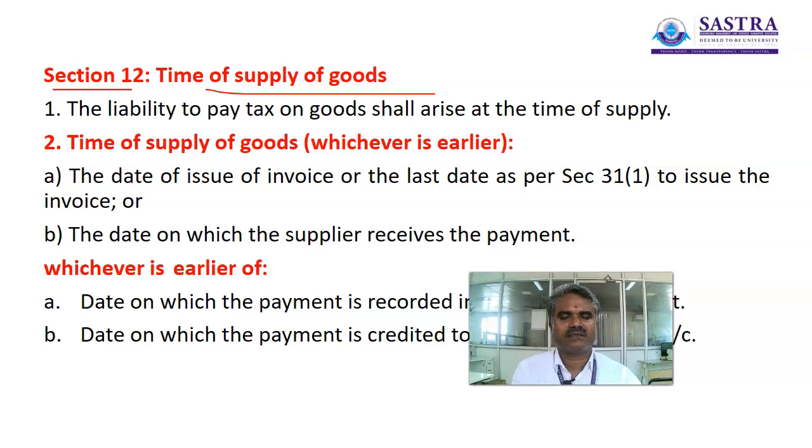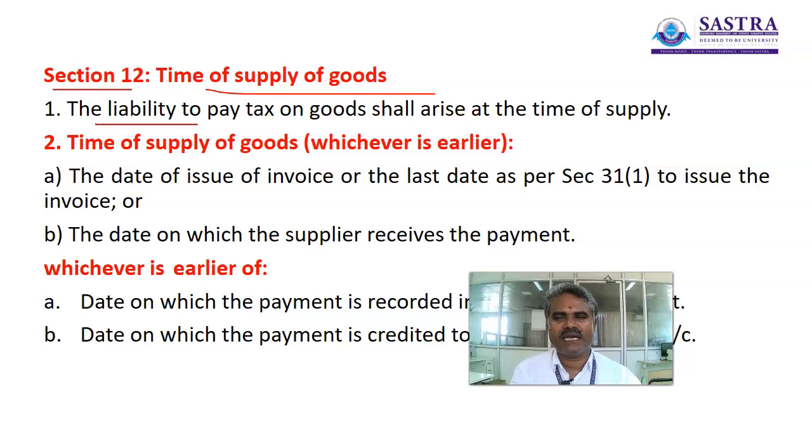This is the purpose of time of supply. On the date you say is the time of supply, you have to collect tax and pay it to the government. So this supply of goods or services is liable for tax. That is very, very important.